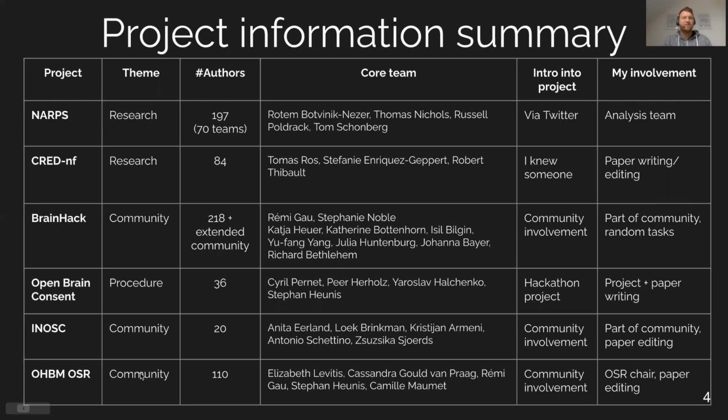Another community effort that I've been involved in is the Organization for Human Brain Mapping's Open Science Room, which is kind of an unconference at their annual conference. And then finally, I have this Open Brain Consent, which is more about research procedure and not research itself, but also a project that stemmed from a nice collaboration.